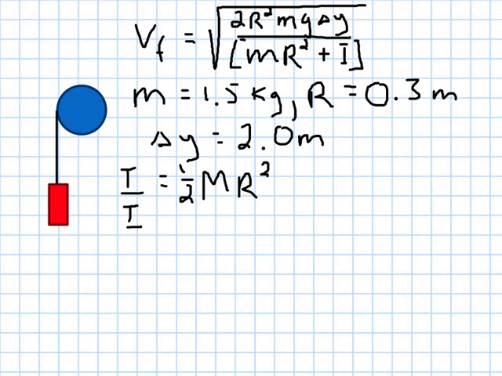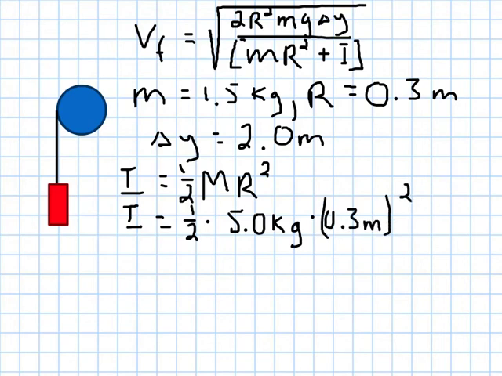And in this case, that's 1/2 times 5 kilograms times 0.3 meters squared. For this pulley, the moment of inertia is equal to 0.225 kilogram meters squared.